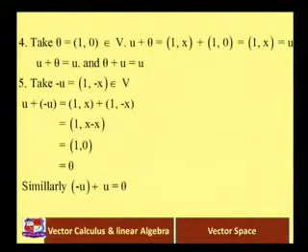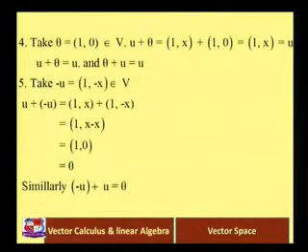It's quite easy. And the next condition is minus u. Take minus u equal to (1, -x) belonging to V. So u + (-u) is equal to (1, x) + (1, -x). So (1, x - x) using the definition of addition which is given in the statement. So (1, x - x) is equal to (1, 0), and that is equal to theta.